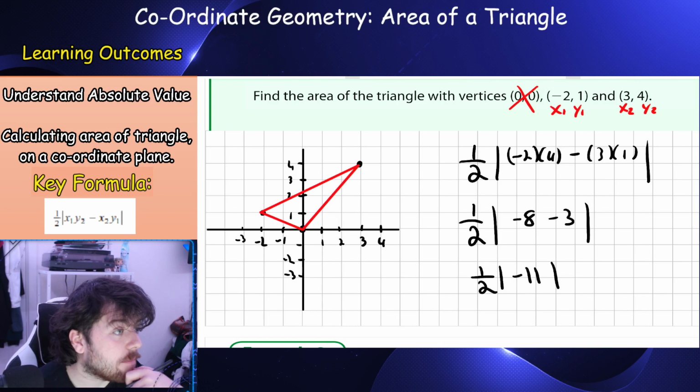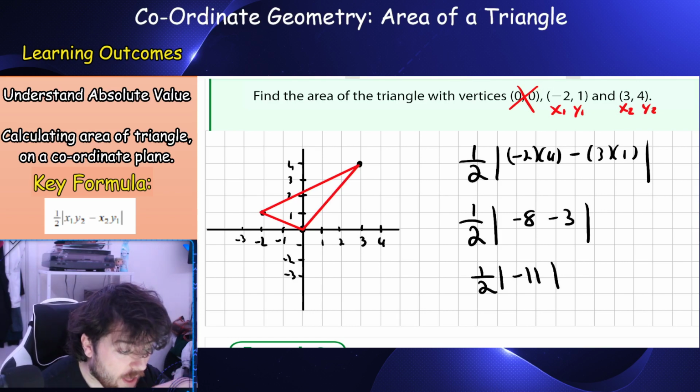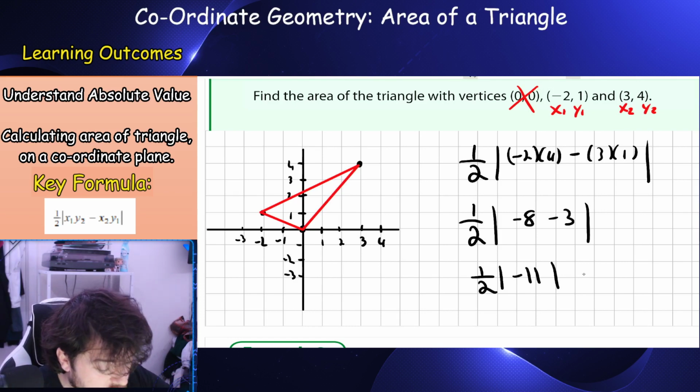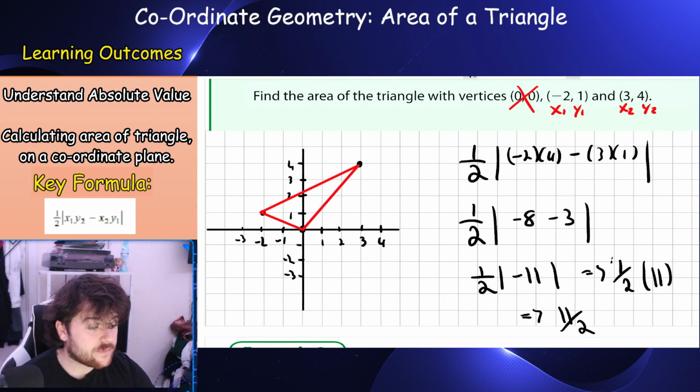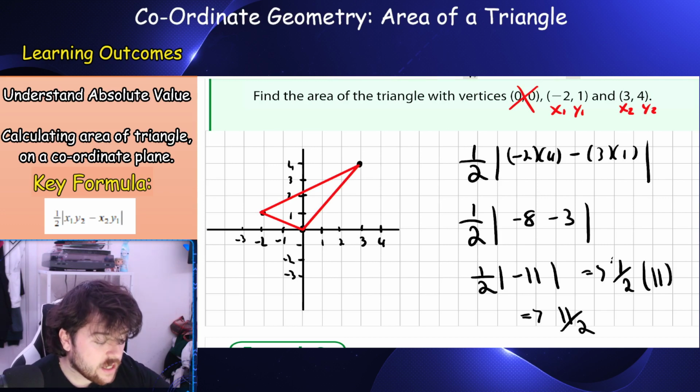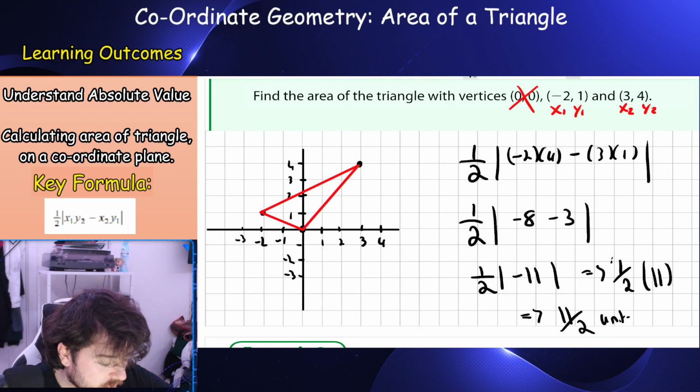A half times the absolute value of minus 11 goes to a half times 11, which is just 11 over 2. And that's my answer for the area: 11 over 2 units squared.